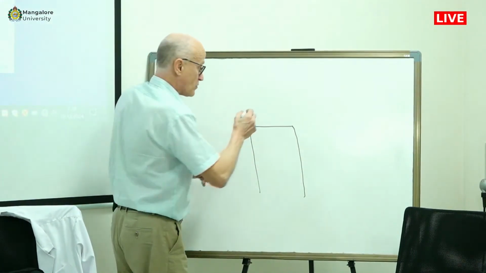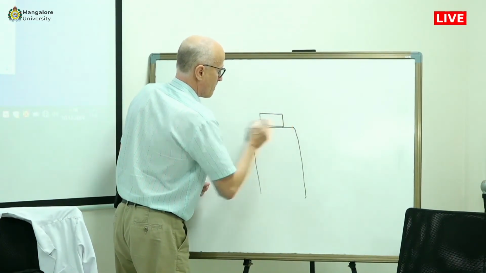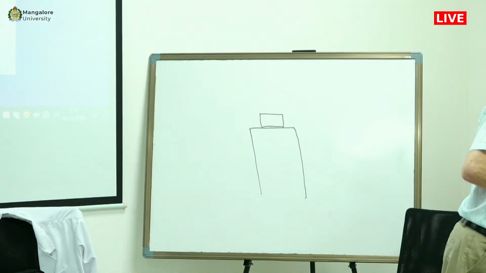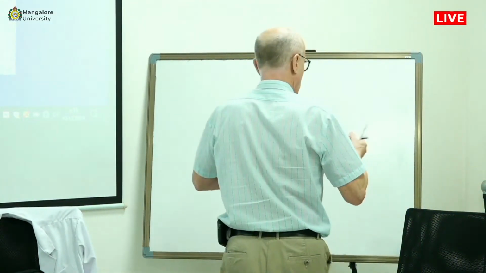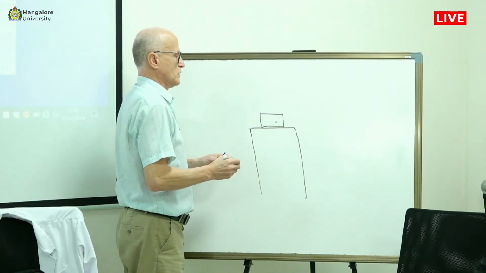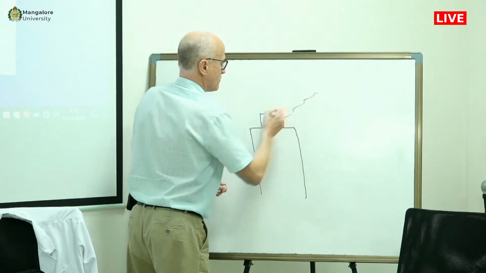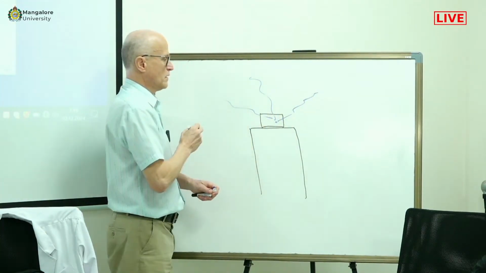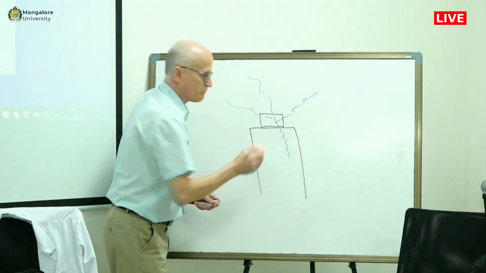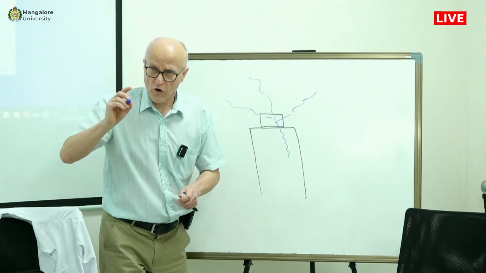So this is the detector. Let's assume that this is the sample. And a decay process happens, for example, here. So most of the photons go this way, this way, this way, but some of them go here. And interactions happen here.